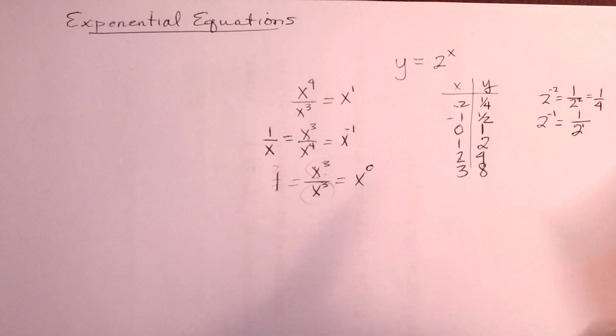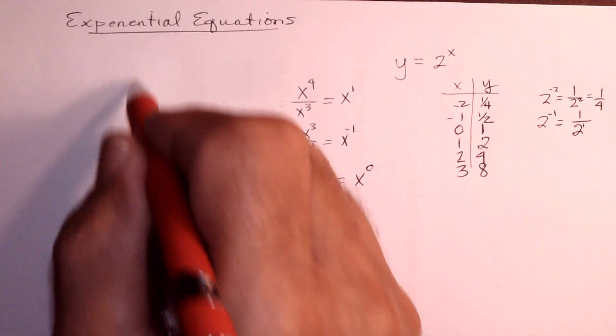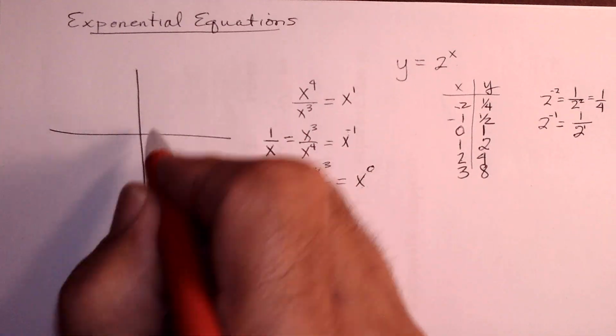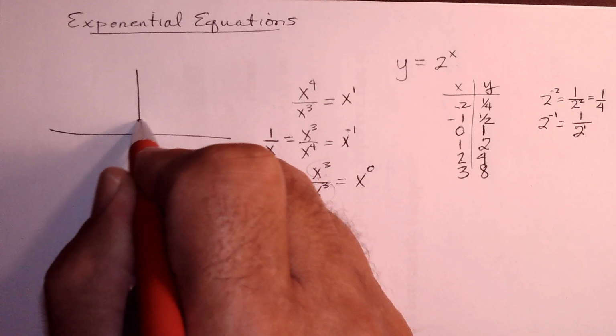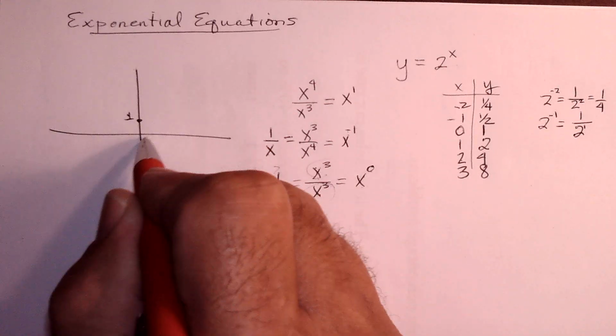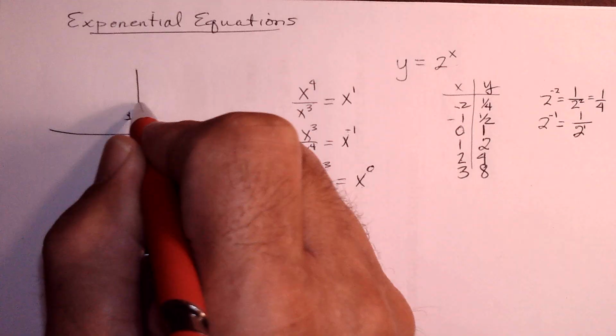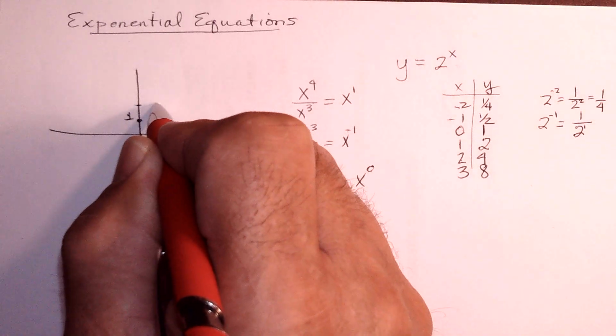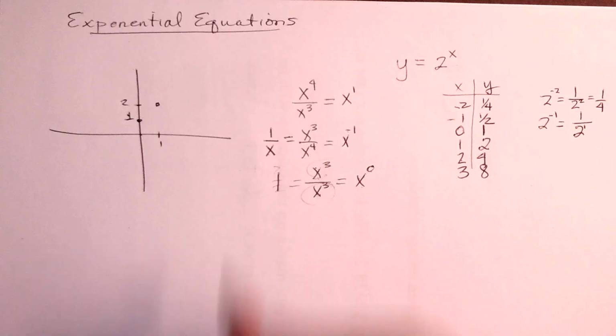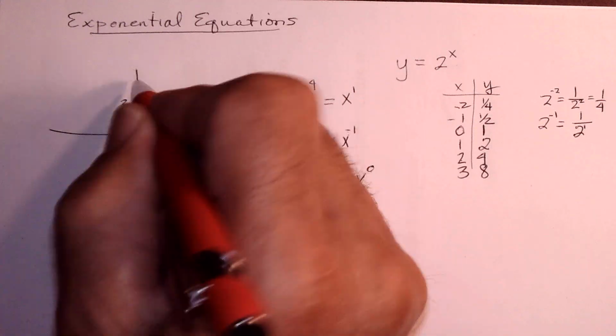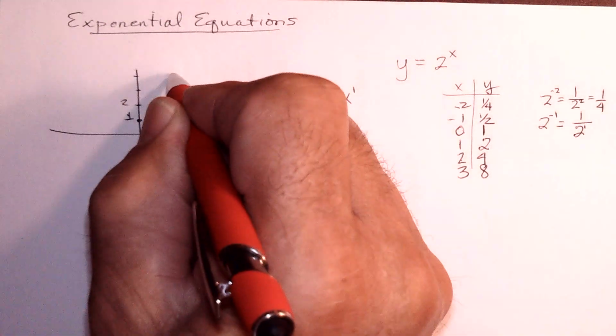So what's the graph of 2 to the x look like? Well, 2 to the 0, 1. 2 to the 1 is 2. And 2 to the 2 is 4.